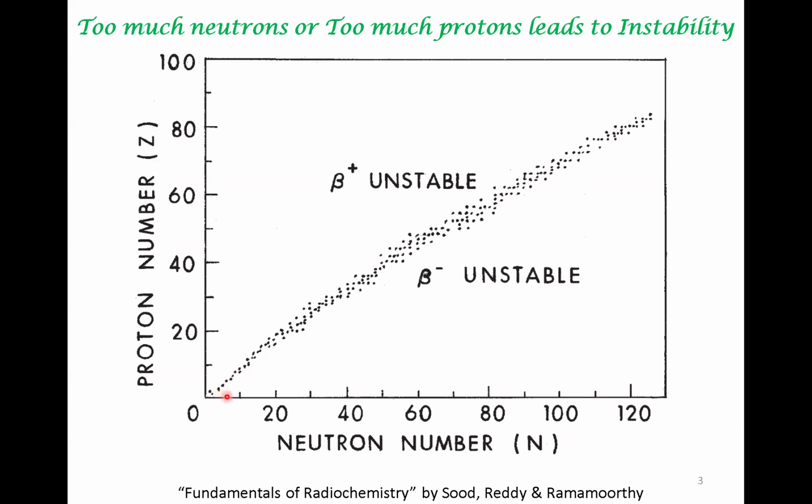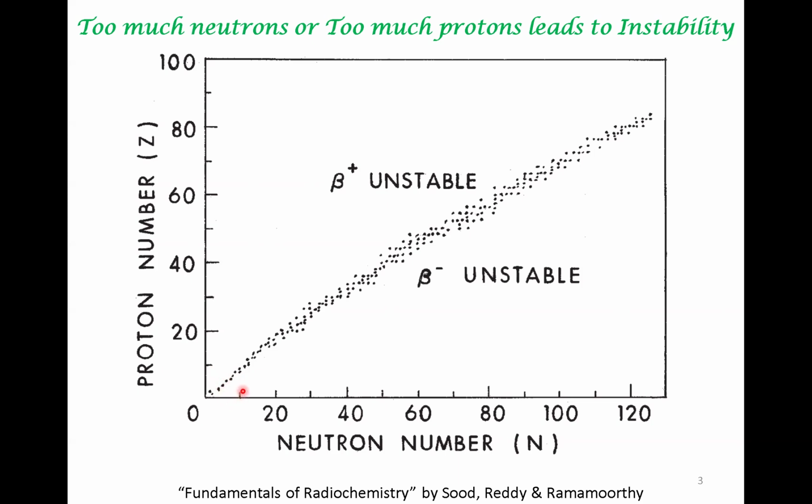In this region, that is at small z and small n, this line is approximately 45 degrees. That means for a nucleus to be stable, you approximately have to have the same number of protons as the same number of neutrons.